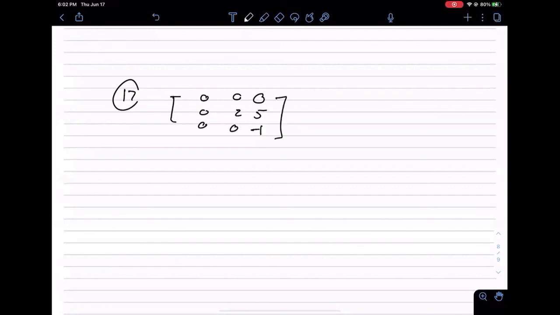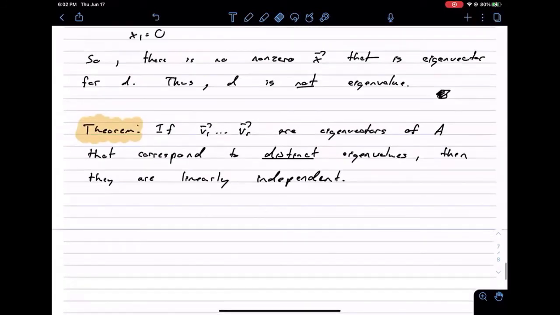For example, 17 is the matrix 0, 0, 0, 0, 2, 5, 0, 0, -1. This is an upper triangular matrix, so the eigenvalues are just the stuff on the diagonal: 0, 2, -1. Easy peasy. It's perfectly fine for 0 to be an eigenvalue. Maybe that seems strange, but there's nothing wrong with that. 18 is similar.